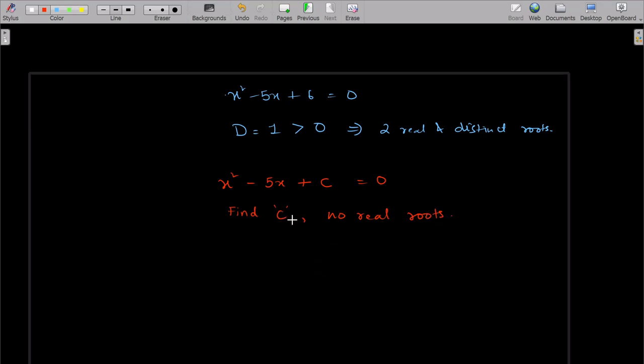Can you tell me the values of c, Anishka, for which you'll get no real roots? You'll get an interval, an inequality.